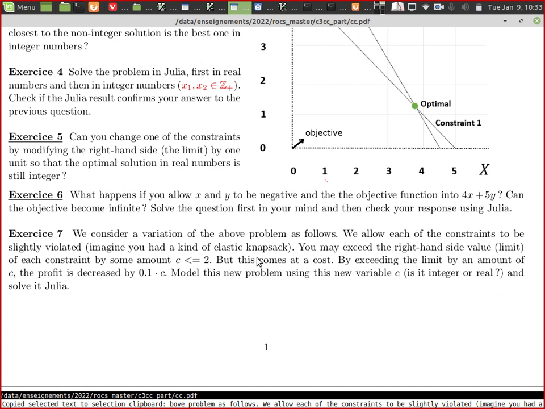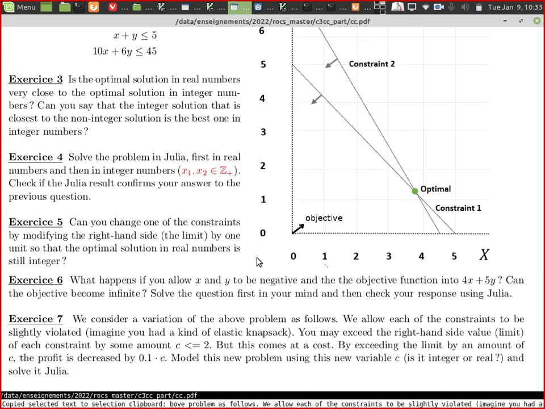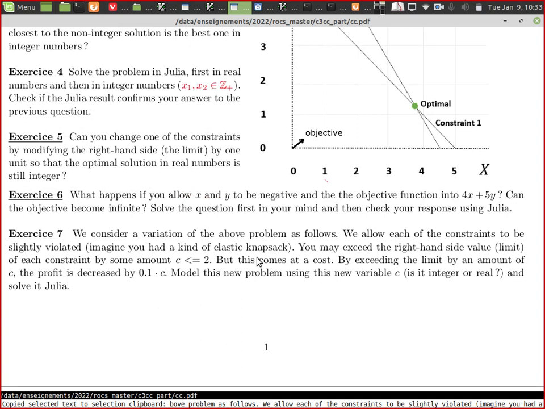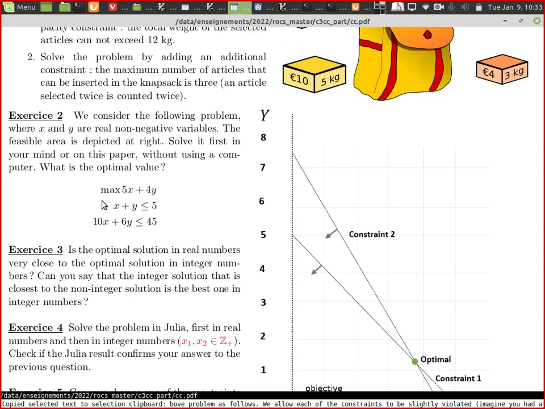This is the idea here. Even the budget constraints we may have, today they are a bit flexible. This is a phenomenon we see in real life. Generally speaking, whatever the nature of the constraints, it is not really less than or equal to 45.